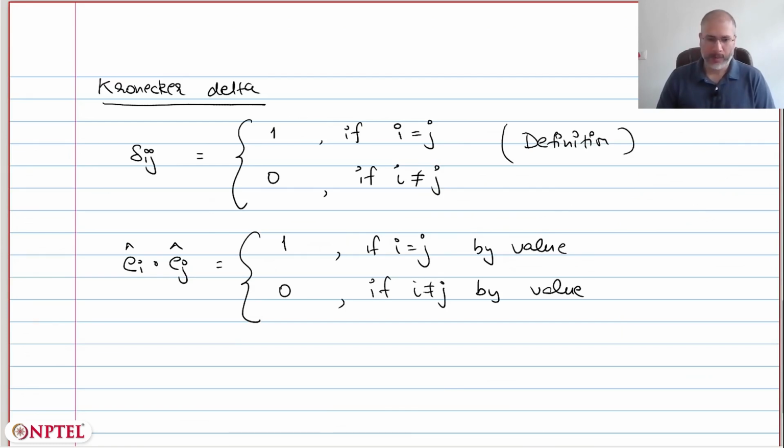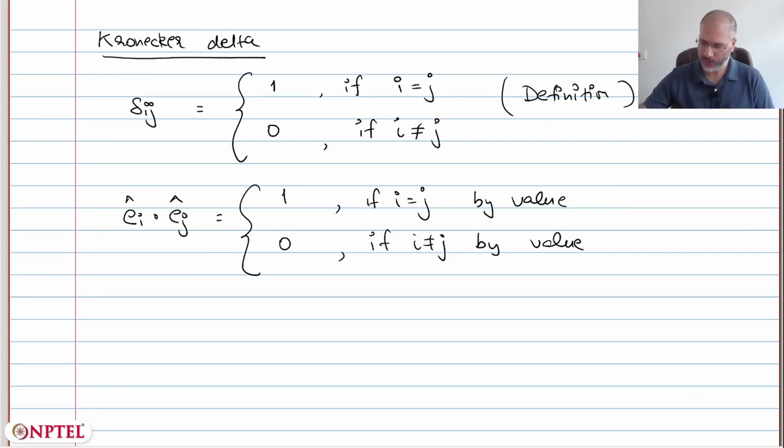And we can easily see this because they are orthonormal. So we can see that e1 dot e1, e2 dot e2, and e3 dot e3 are all 1, and any other combination, they're all zeros.